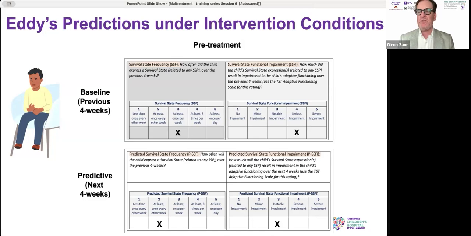And then what you do is you check after you launch your intervention, were your predictions accurate? If yes, keep going. If no, then you need to rethink, are you missing anything? And so the whole idea of prediction under intervention conditions, as we talked about, is key for clinical care.